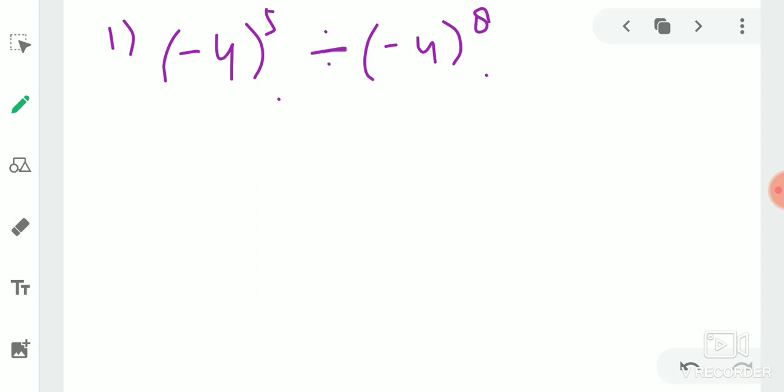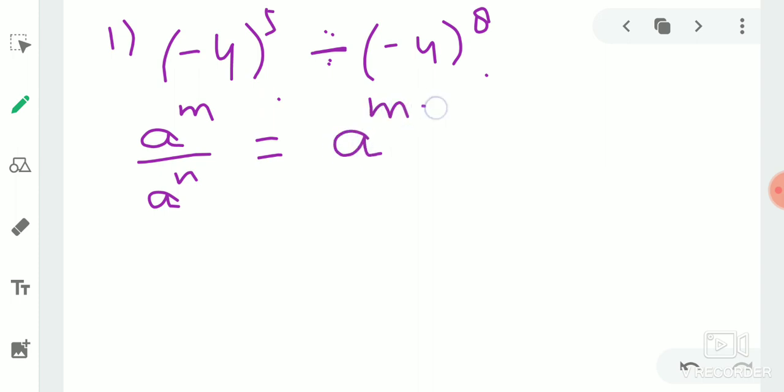We have seen in the laws that if we have a raised to power m divided by a raised to power n, the bases are the same and the powers are subtracted when we have the division sign.